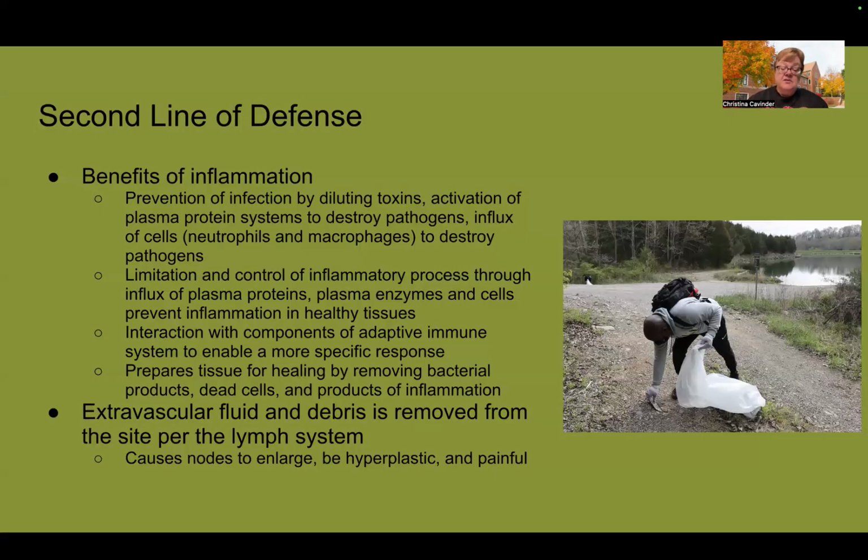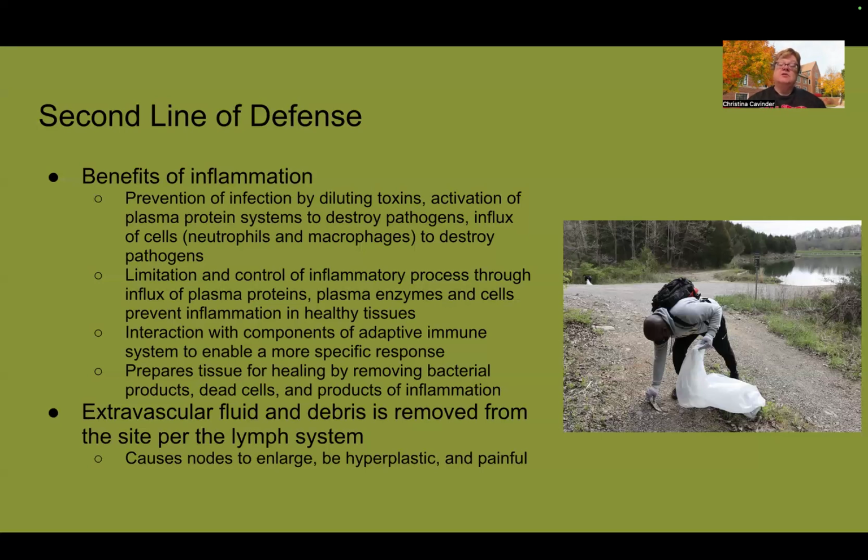We have the extravascular fluid and debris removed via the lymph system. So this can cause your lymph nodes to become enlarged, hyperplastic, or large cells, and very painful. Remember that things drain in the lymph system towards the heart.